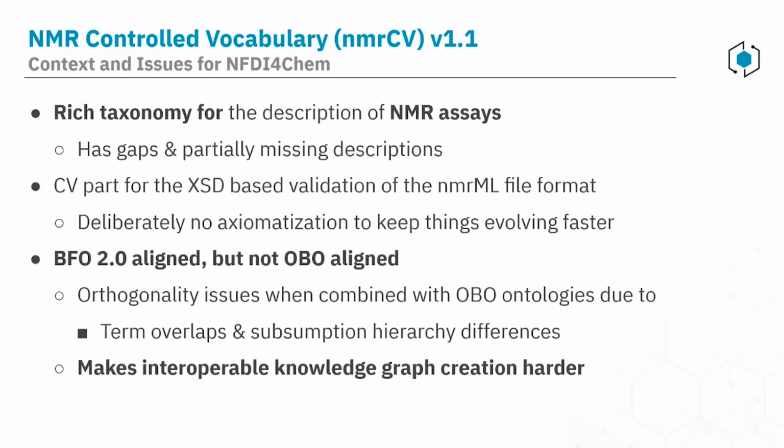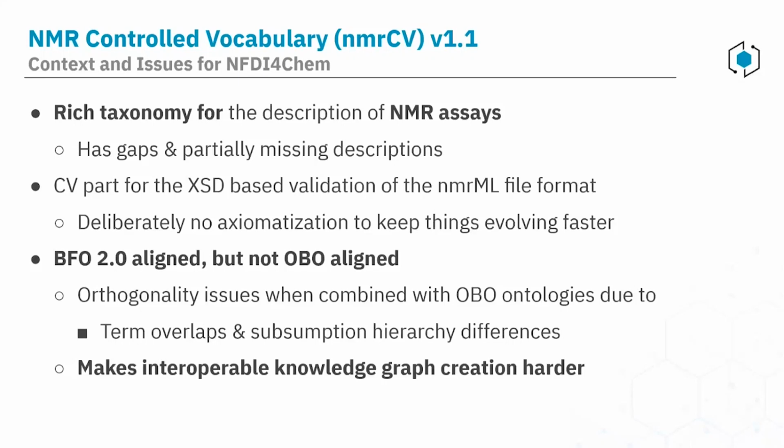Just as a recap, it was developed as the controlled vocabulary part of an XSD validation pipeline to be used with the NMR-ML format, and thus deliberately left out any axiomatization, which is problematic when it comes to what we've just seen, having to define the NMR spectroscopy method under different grouping classes, let's say 1D NMR spectroscopy or grouped by acquisition nucleus.